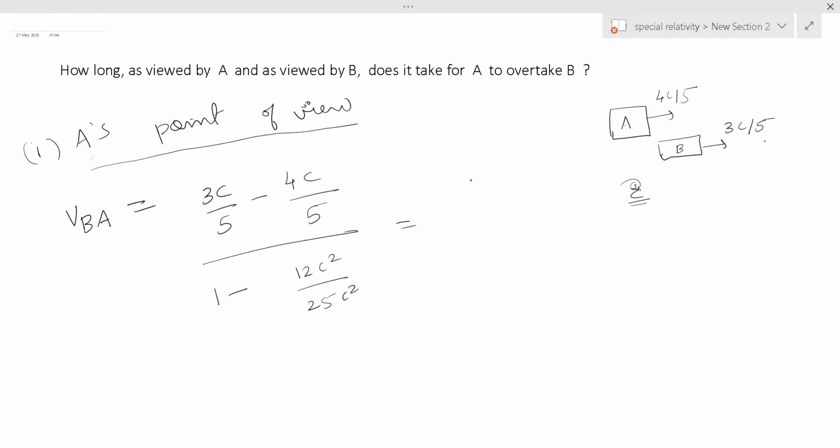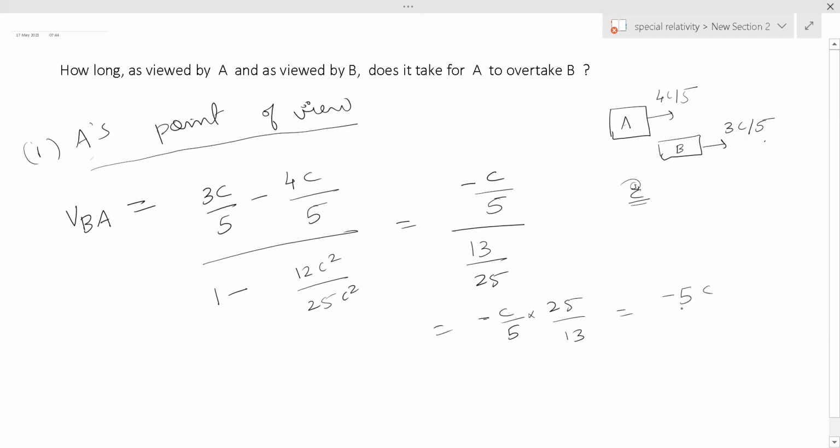So this is equal to minus c by 5 divided by 25 minus 12, that's 13. So that's equal to minus c by 5 multiplied by 25 by 13, which is minus 5c by 13. Is this fine? Did we do it correctly? Yes. So it's 5c by 13.